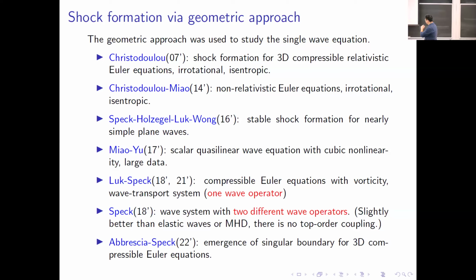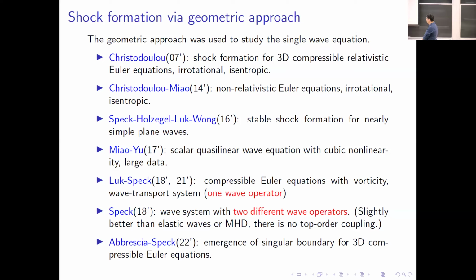Then Miao and Yu considered a scalar quasilinear wave equation with cubic nonlinear terms and large data, kind of like short pulse data, and they also showed shock formation for this one. And then the work by Luk and Speck includes the vorticity in the dynamics, and they find very nice structures and show shock formation for the compressible Euler equation with vorticity, so there is a wave transport system.